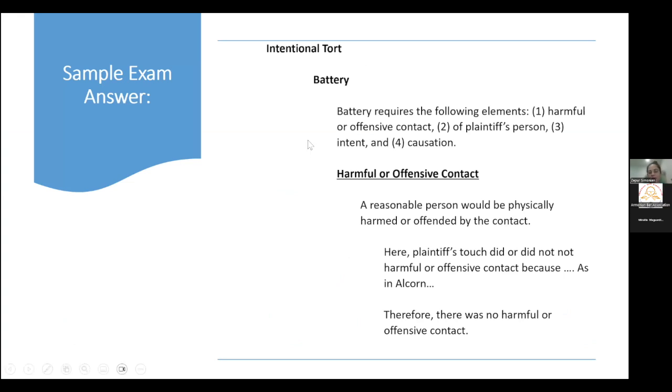One way that I like to show you is how the brief, if you brief properly, can translate into exam writing, and notice how it mirrors an outline. Battery is your issue, which is the issue that you would have in your brief as well. Then you'd have the rule, which is the harmful or offensive contact of a plaintiff's person with intent and causation. Every element will have its sub-element, and every sub-element would have its own rule or definition.